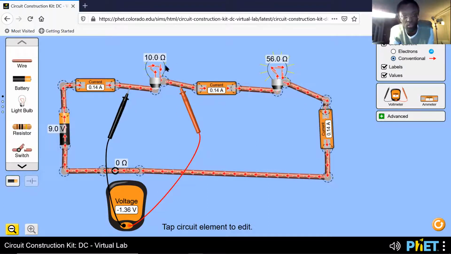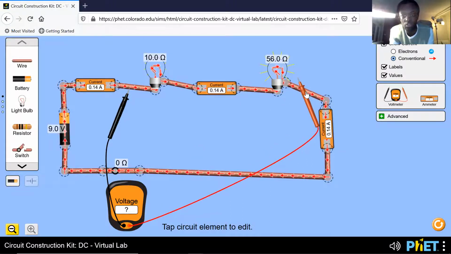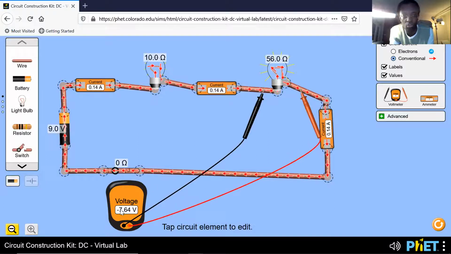So here you see the one that has a smaller resistance has a smaller potential difference, and the one that has a higher resistance, because V equals IR, you multiply I by a bigger R, you get a bigger V, a bigger potential difference.